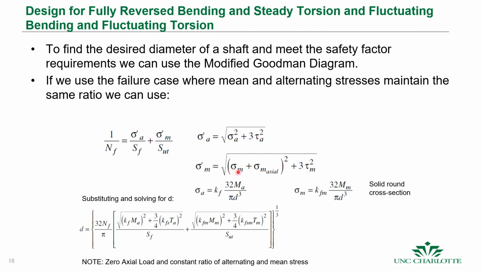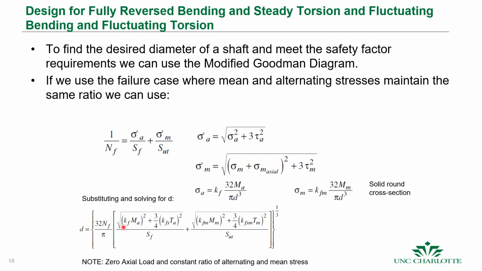We take our mean bending and axial stress, add them together, and then include the mean torsional stress to get our effective mean stress, and then we correct these with our safety factors. By doing that, we introduce this d cubed term, that's our diameter. So if we solve for d in this approach, we get an expression that has everything we need to design the diameter for the shaft.